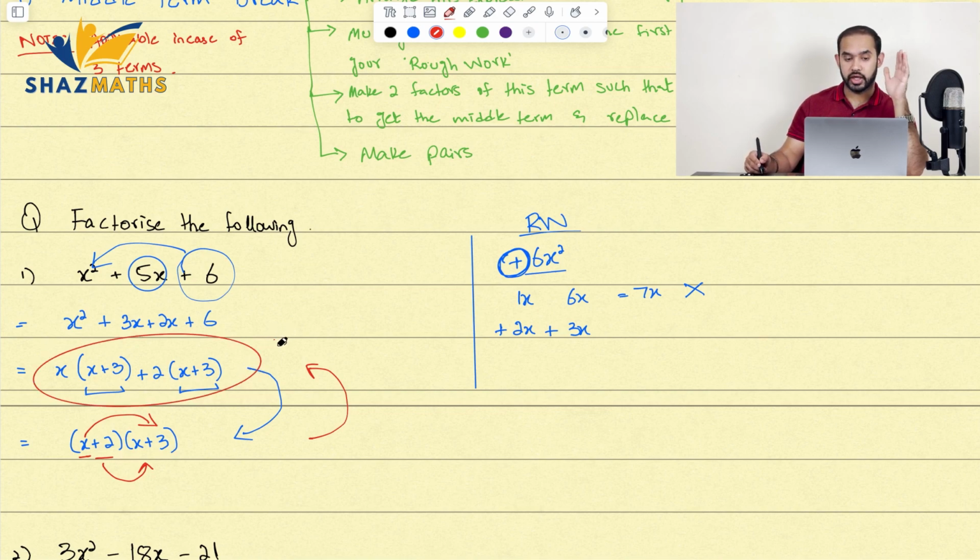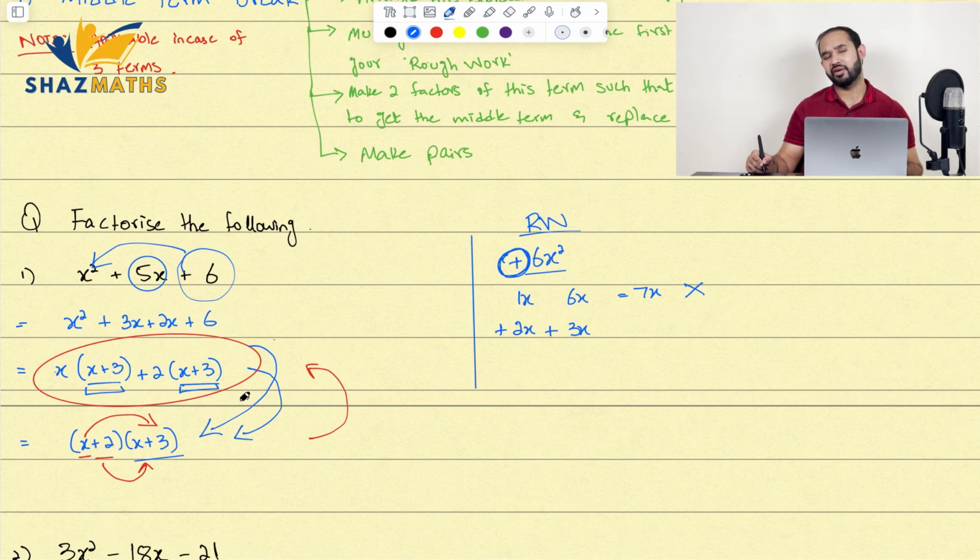So that is why when we are going from this step to this step, we should always make sure that the terms inside the bracket are the same, just so that we can write them down as one expression, and then the rest of the two terms as one expression.